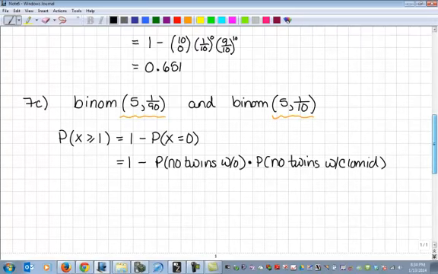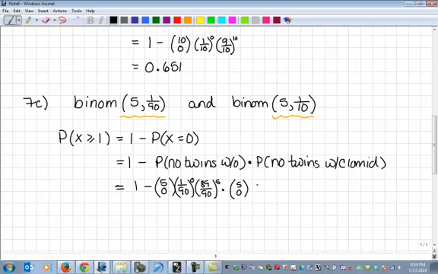So I have here 1 minus, now it's 5 choose 0. I want nobody to have twins, so it's 1/90th to the 0. All of them to not have twins, so it's to the 5, times, again, 5 choose 0, this time 1/10, not having twins, 9/10 having twins.